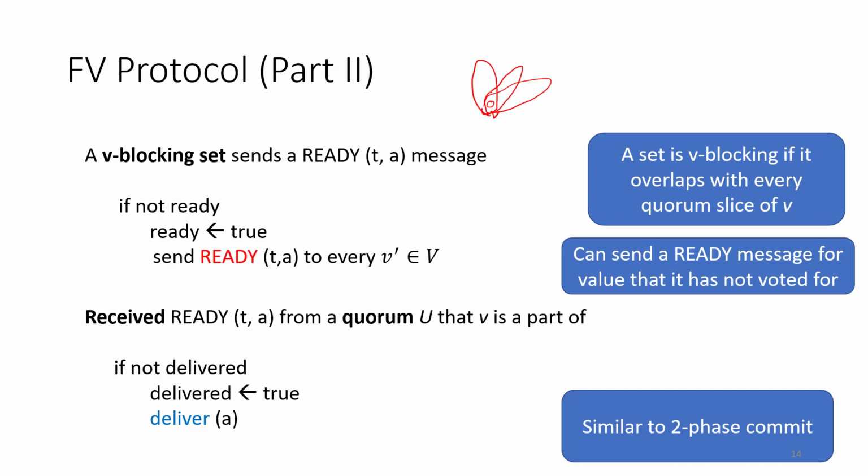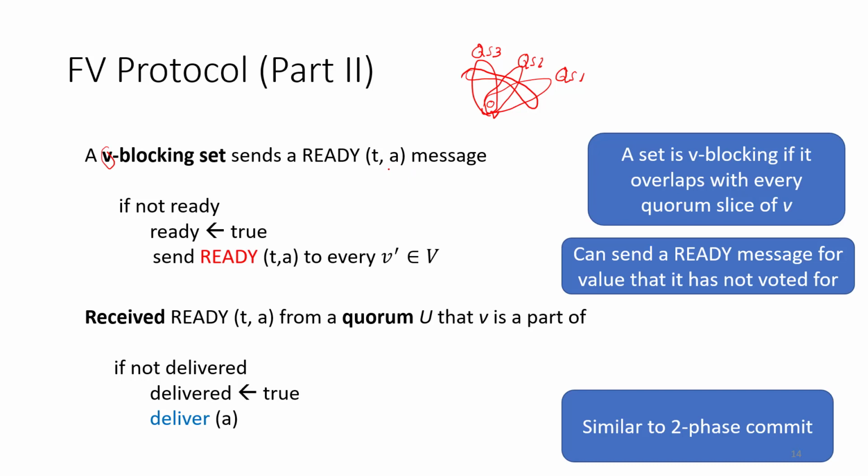A V blocking set is a set which overlaps with every quorum slice of V. So it is like this. This is a V blocking set. In a sense, it has a non-zero intersection with each of my quorum slices.